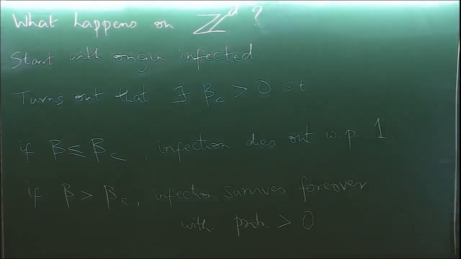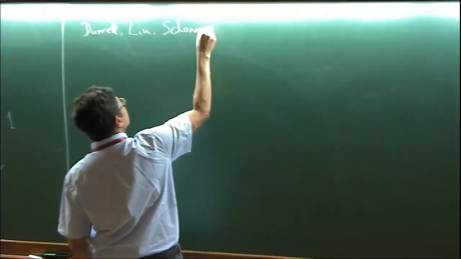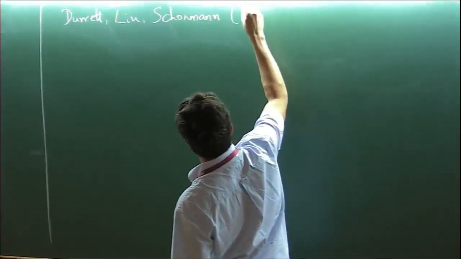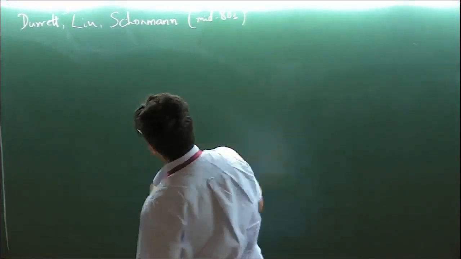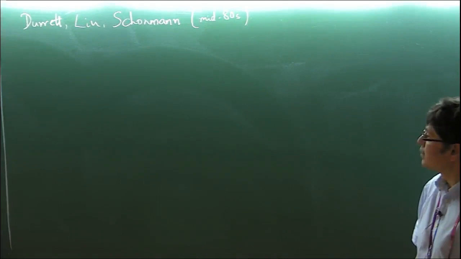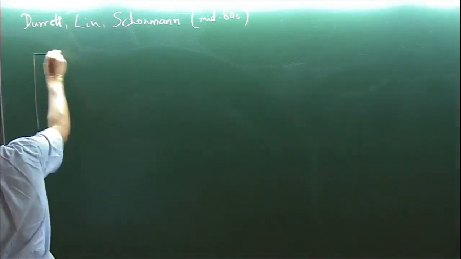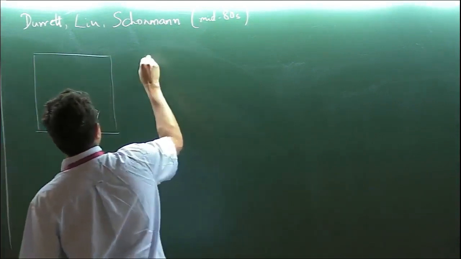And that was shown in papers by Durrett and Liu and Durrett and Schonmann. Okay, I don't remember dates, but it's mid-80s, I think. Okay, so what they did is look at a large box in Z^d.